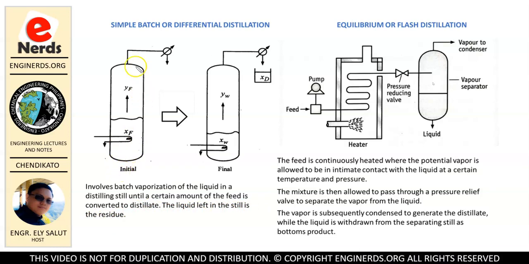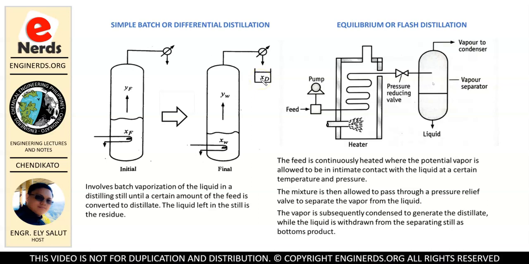Okay, so let us analyze our initial stage. As you can see, we have a liquid mixture here and we are heating it. We have a heating coil here. And then of course, our more volatile component will vaporize. And it will come to the second stage where our vapors condense and we collect our distillate.